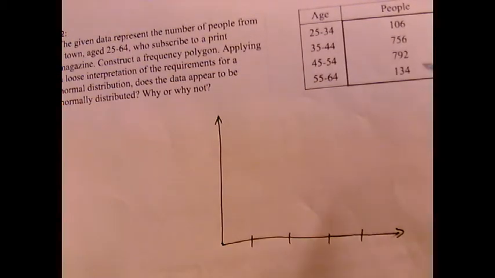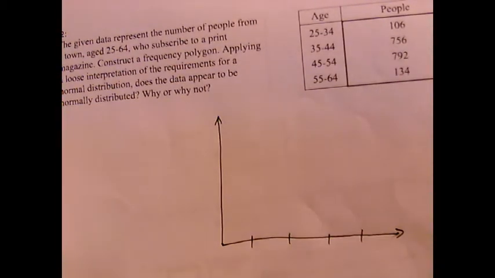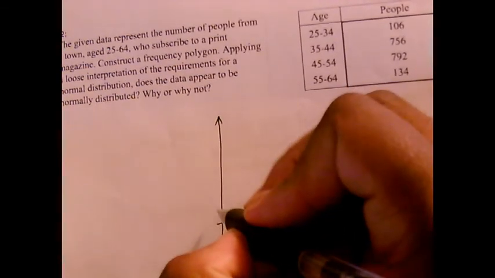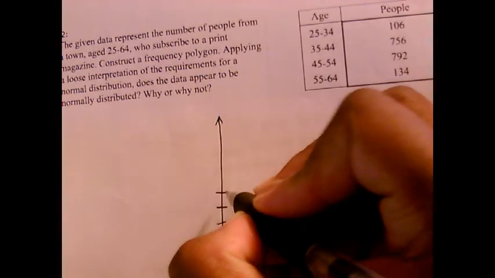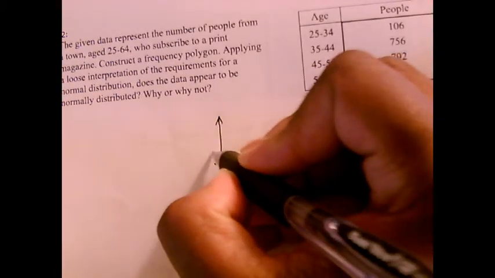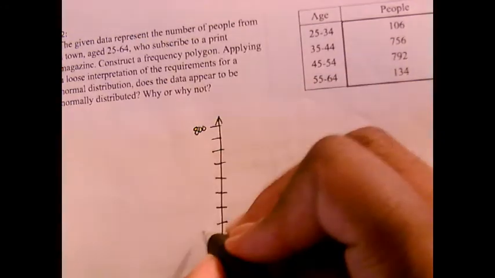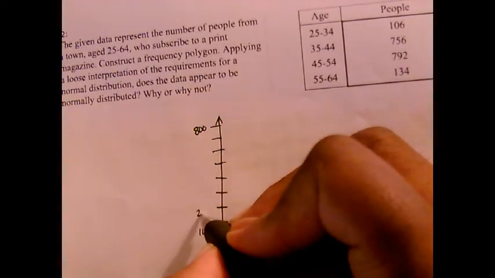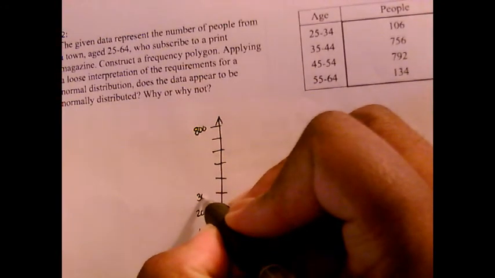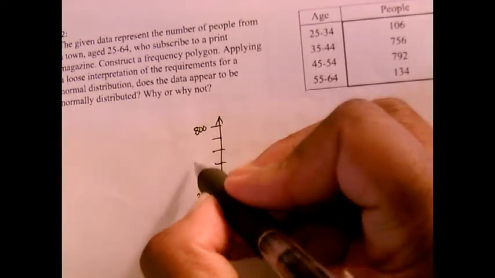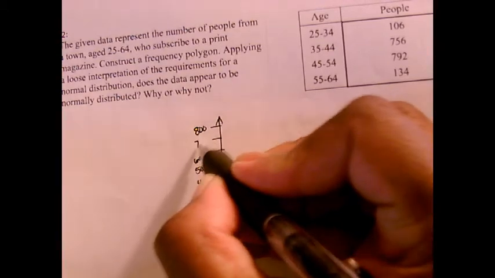Now the data is from 106, the highest is 792. So what I'm going to do is in increments of 100 on the vertical axis. The highest is 800, by the way, so this will be 100, 200, 300, 400, 500, 600, and 700.